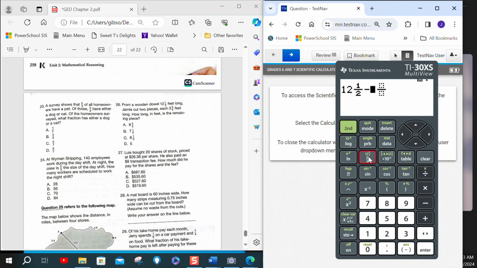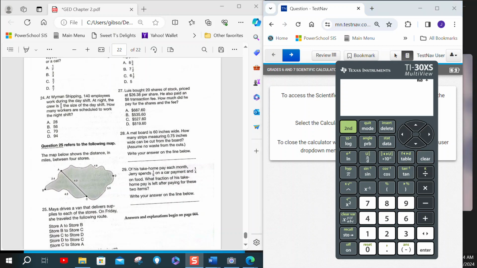We could do second, mixed number 3, right arrow 3 over 4. And then minus the mixed number, which would be 3 3/4, and press enter. That'll give us 5. So our answer would be D.